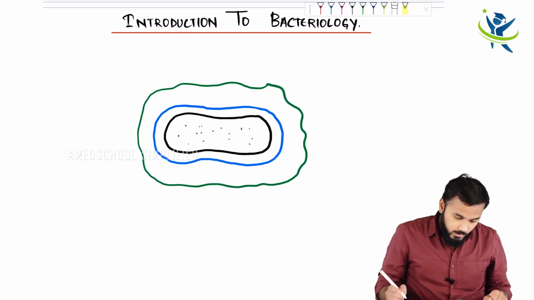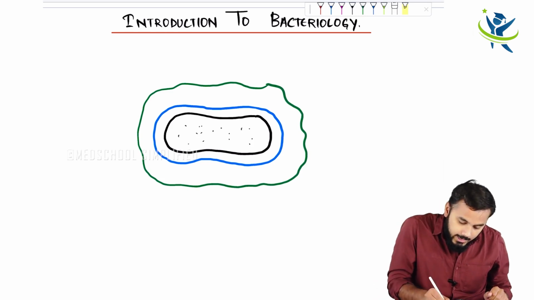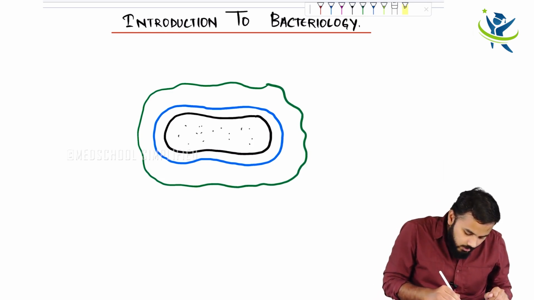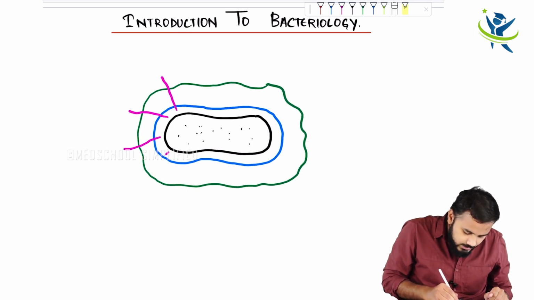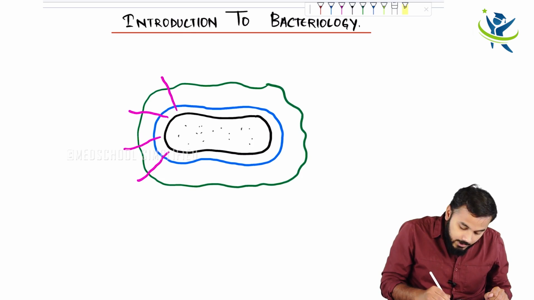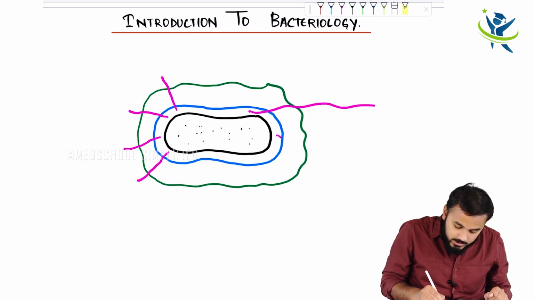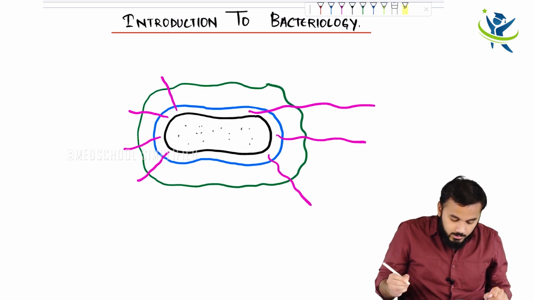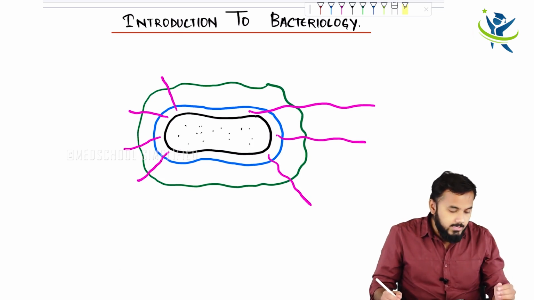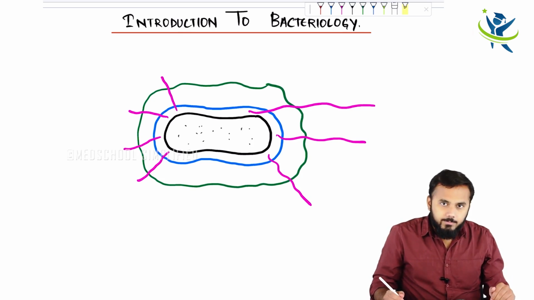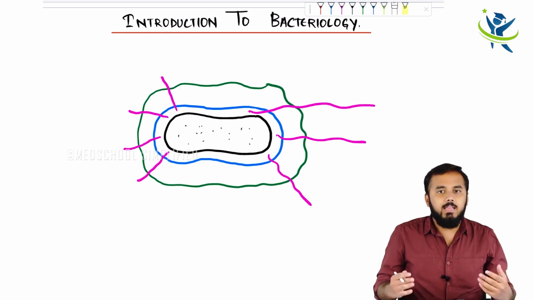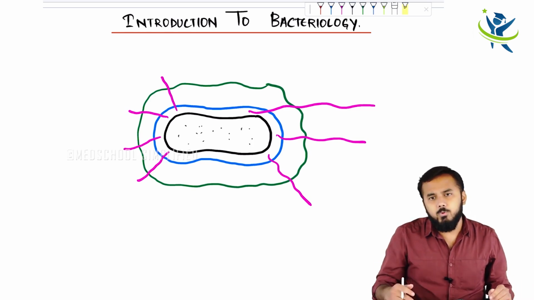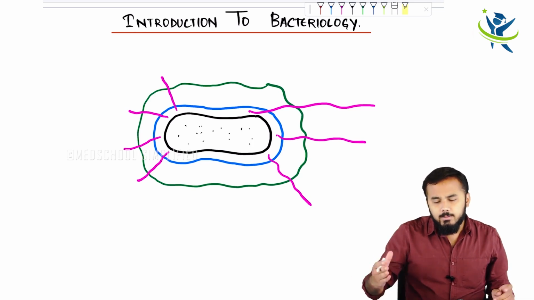Next, one very important thing: coming out from this capsule, you have very small projections like this, right? At the same time, you also have some long projections coming out of this capsule. These small projections are called fimbriae or pili. These long projections are called flagella, obviously, and with the help of the flagella only the bacteria will move.